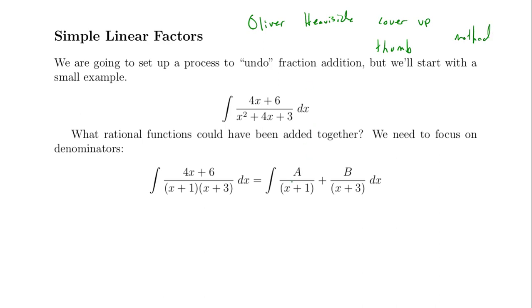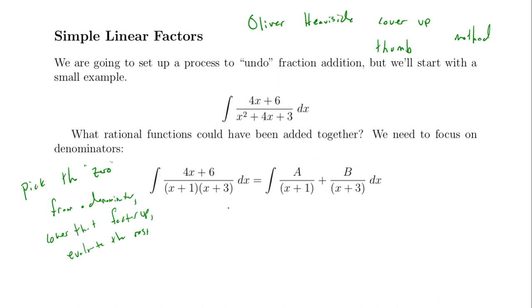That's because what we're going to do is pick the 0 from a denominator and cover that factor up, evaluate the rest. This is kind of a confusing thing, but let me show you what I mean.